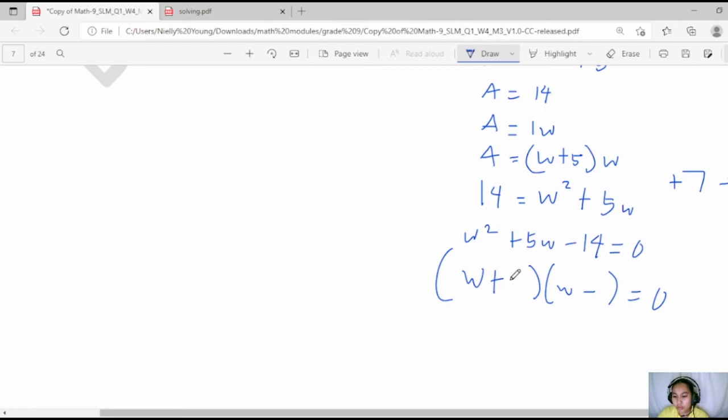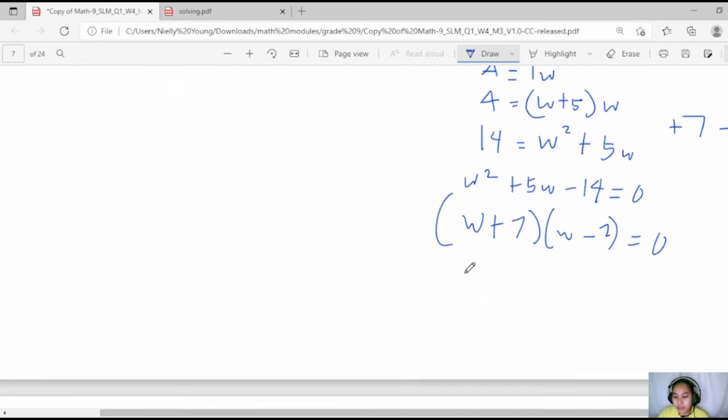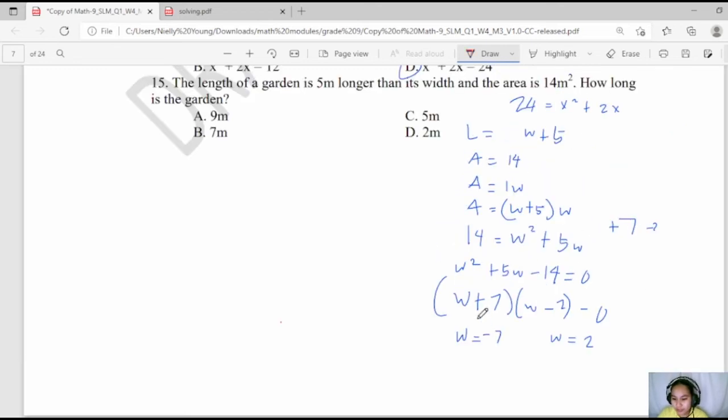So w plus 7 times w minus 2 is equal to 0. To get the values of w, w is equal to negative 7 and w is equal to positive 2. Since negative 7 should be crossed out because we don't have a negative measurement, we accept only w is equal to 2.